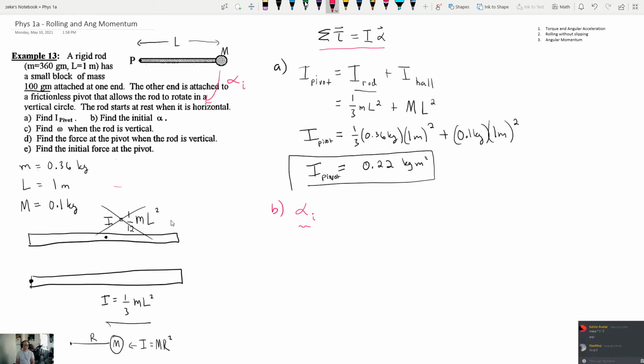Find the torque. Torque equal to L times mg. Assuming that T is for torque. Yeah, I mean, we need to do some stuff with torque, okay? All right, so then in order to do that, what should I do, though?